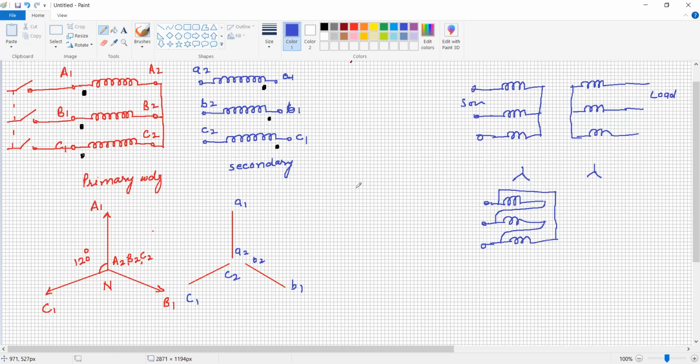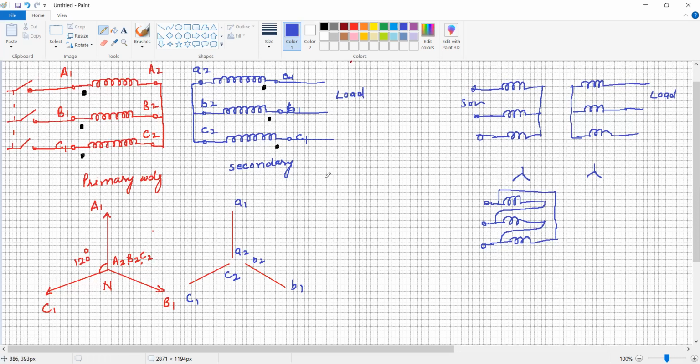Just by joining these three terminals, it will make a star connection. This is the right way of making the star connection of the three-phase transformer. This is connected to the load. So this is the right way to do the connection in the three-phase transformer.